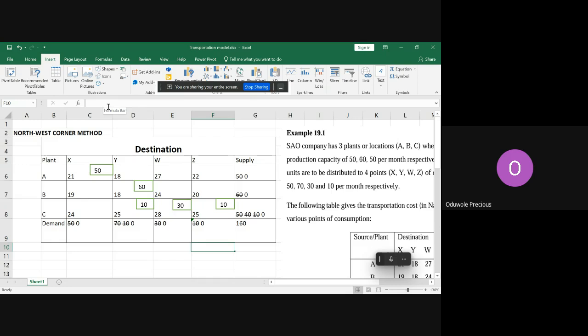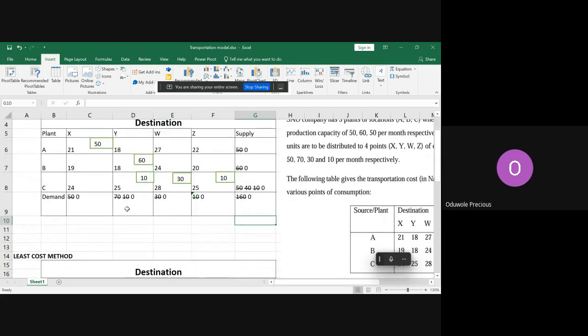And as you can see, we have met all our demands: 0, 0, 0, 0, 0, 0, and we've exhausted all our supplies. So this also turns to 0. Okay, so that's how we do it.